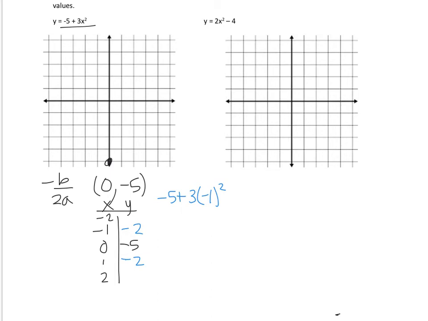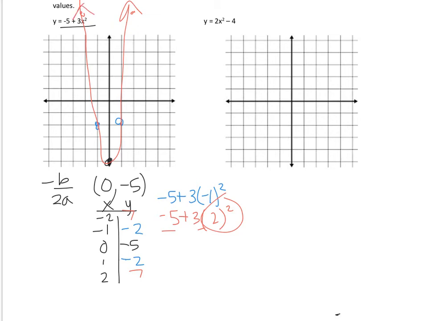Now I'm going to plug in 2, and it's going to be -5 plus 3 times 2 squared. That's 4 times 3 is 12, minus 5 is 7. So here are my plots, (-1, -2) and (2, 7), way up here. So I knew it was going to be narrow.